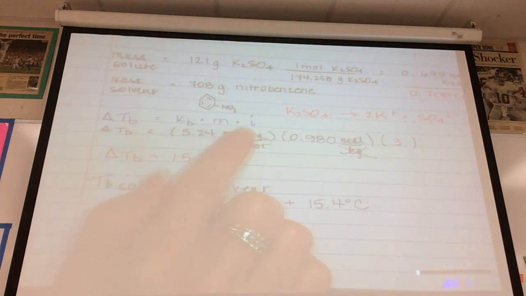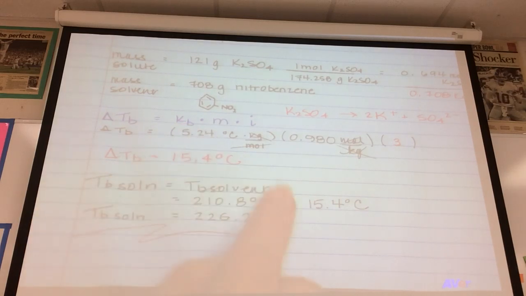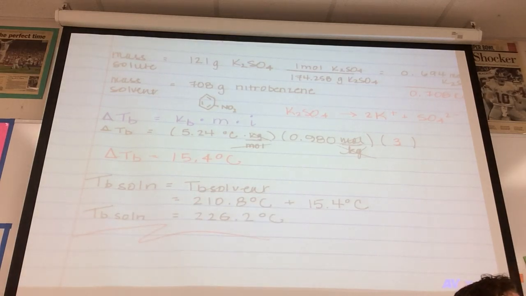How do you think this formula might differ? Instead of KB, you're going to use KF, and instead of adding, you will subtract. And we'll get into freezing point depression, another colligative property, tomorrow. It's grossly similar. It's very, very straightforward.